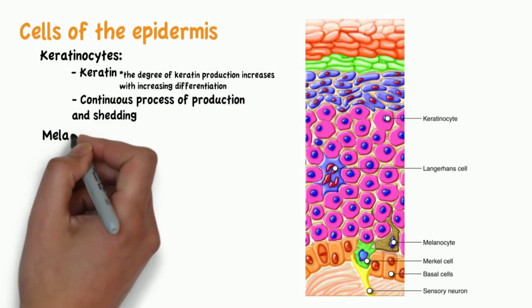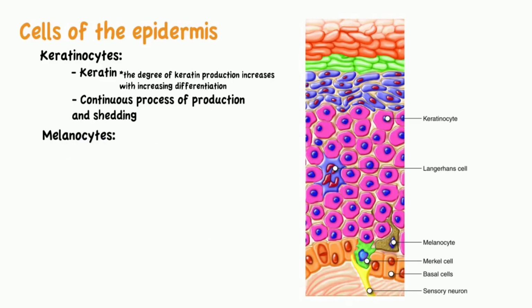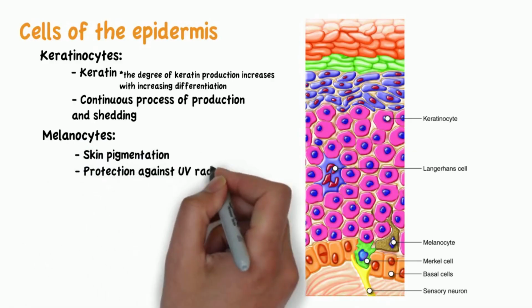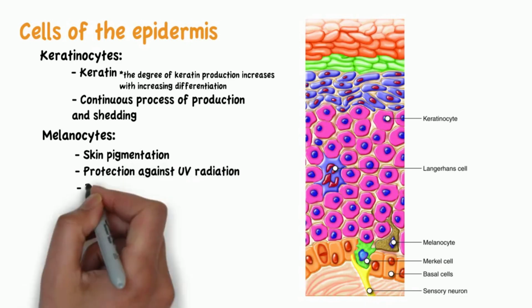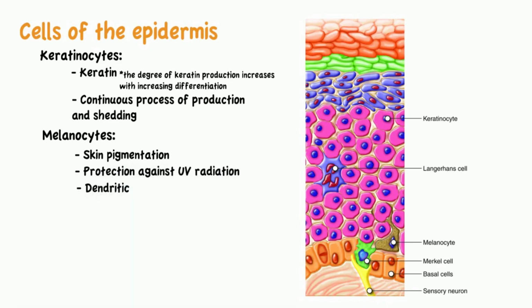Next up are melanocytes. These are responsible for skin pigmentation and protection against UV radiation. These cells are dendritic in shape and reside in the lower layers of the epidermis, where they synthesize melanin. Melanin is packaged into melanosomes and transferred into neighboring keratinocytes.